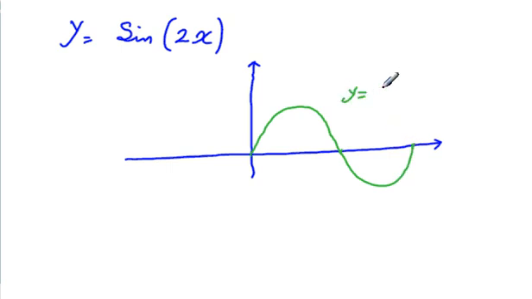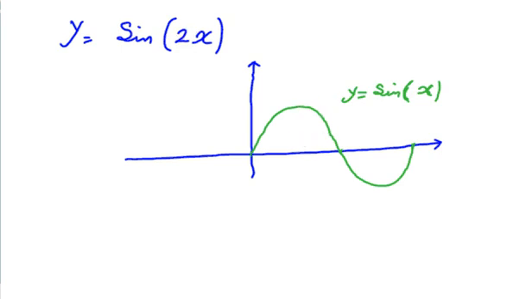So y is equal to sine of 2x. This is sine of x. That is our original function. Now, if I make x run twice as fast by doubling it, when am I going to reach my maximum?